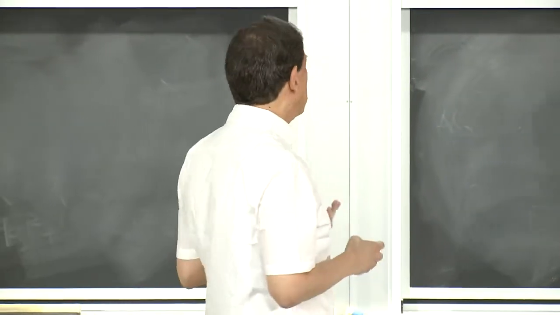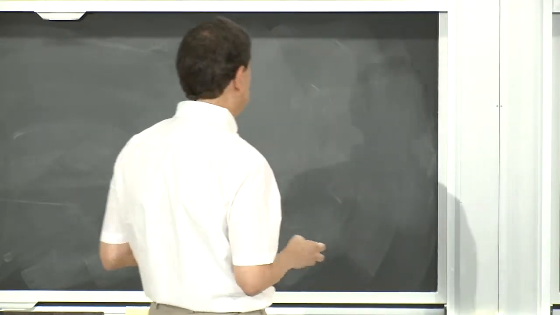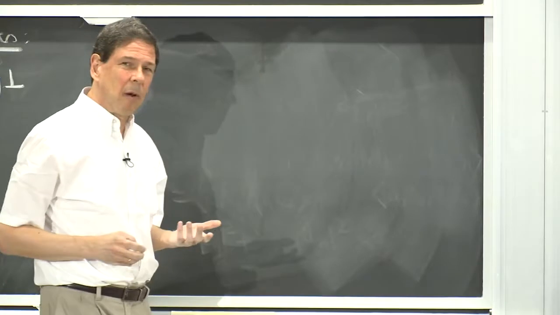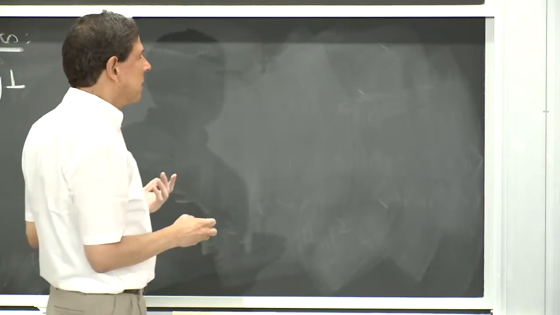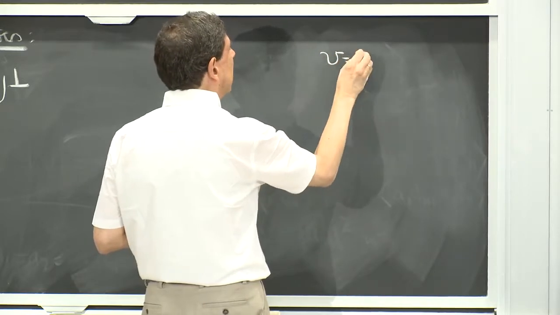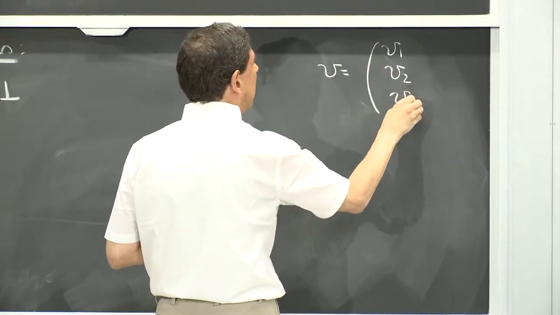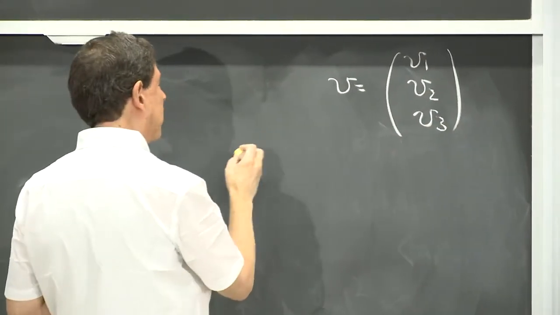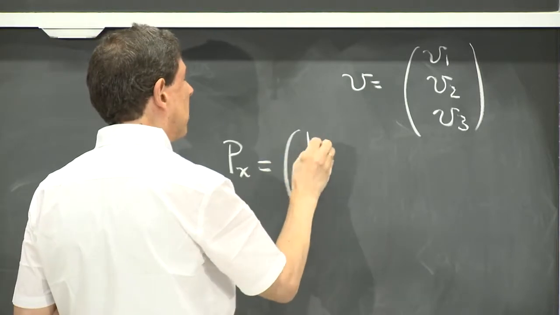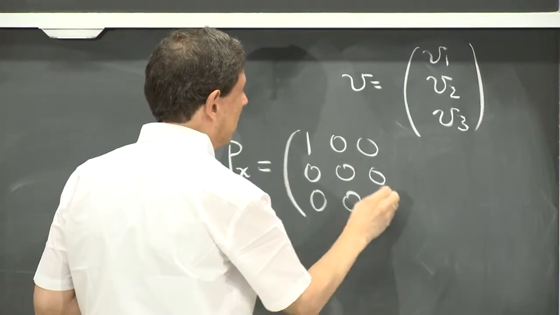So when I mention this case of three dimensions, how would these projectors look? The projector is a linear operator, so it should be thought of as a matrix. So if I think of a vector V as having components V1, V2, and V3, for example, a projector into the x direction would be a matrix with 1, 0, 0, and zeros everywhere else.